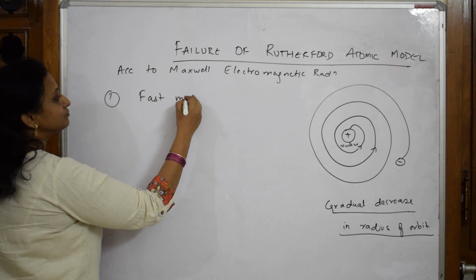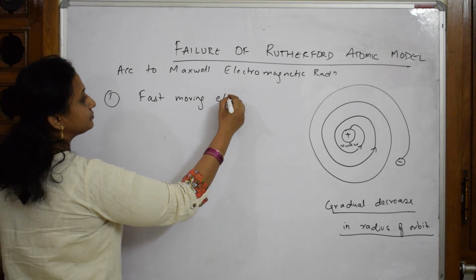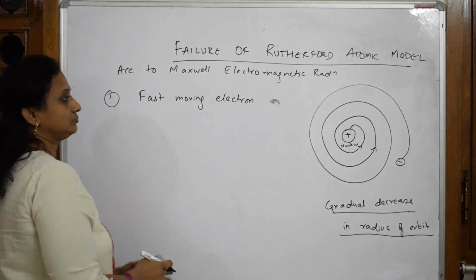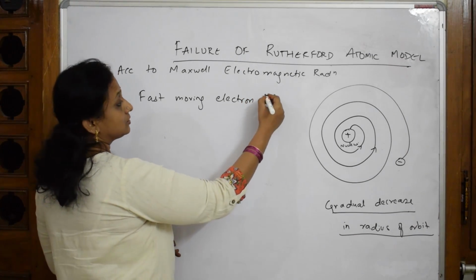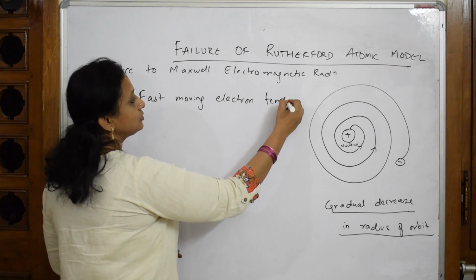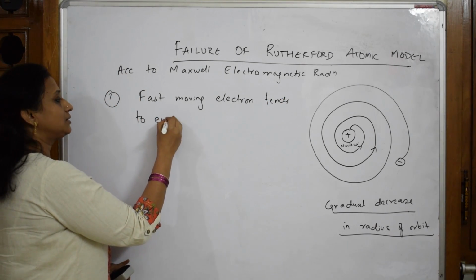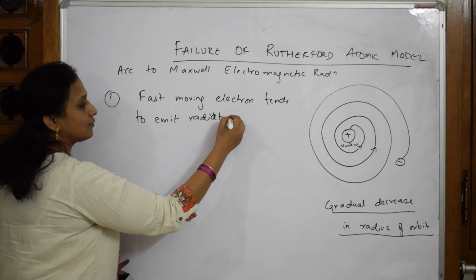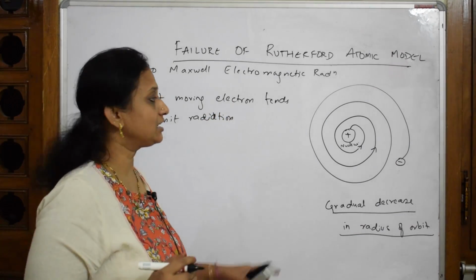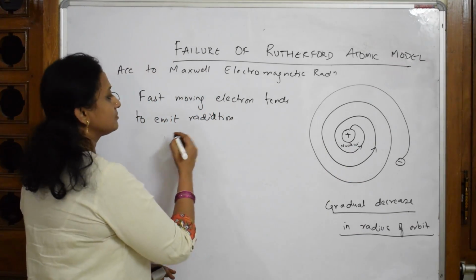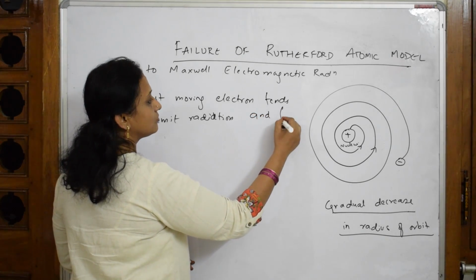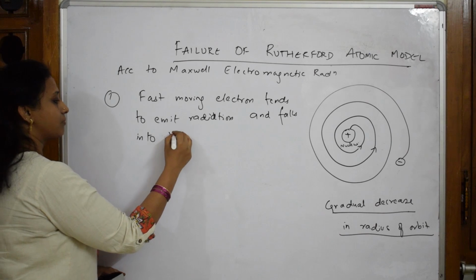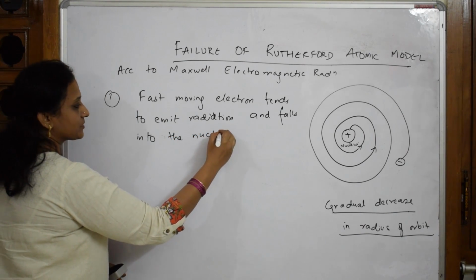A fast moving electron tends to emit radiation. And what will happen if it emits radiation? It finally falls into the nucleus. This is the first thing, isn't it?